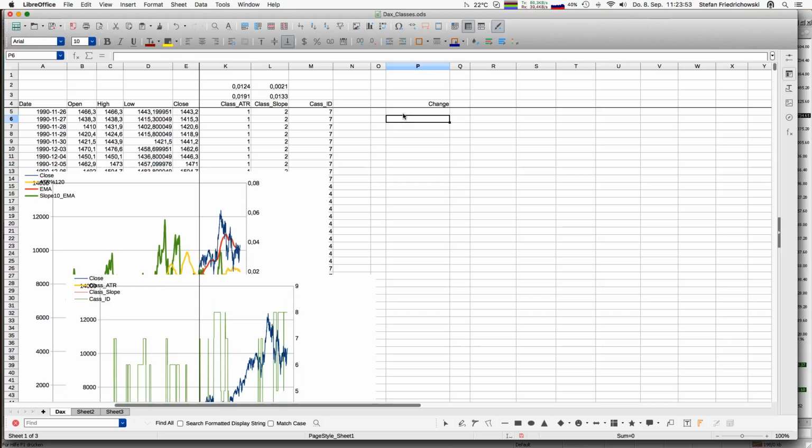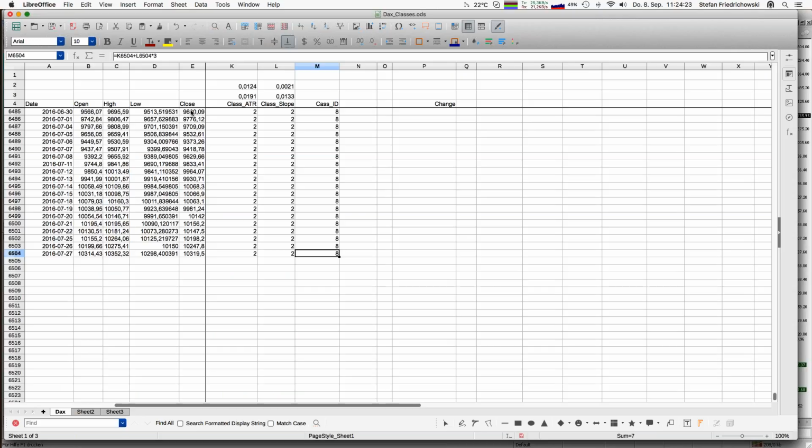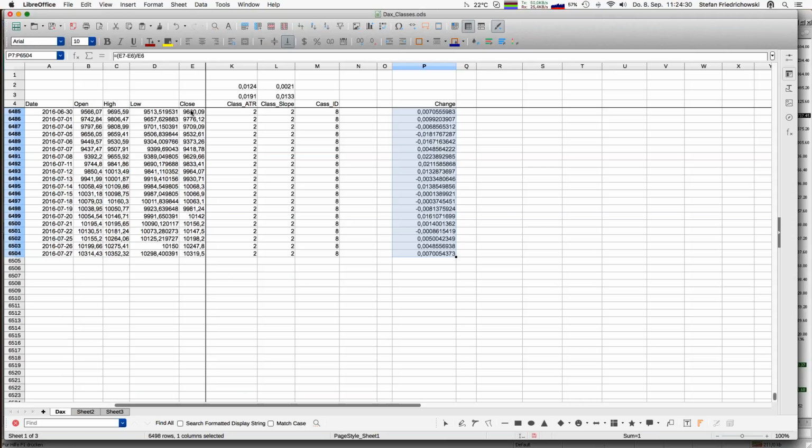So what I want is the percentage change from one day to the other, which means the close from the current day minus the close from the last day, divided by the value of the last day, and then we have the change of the current day. We want to have those values down for our complete set of data.